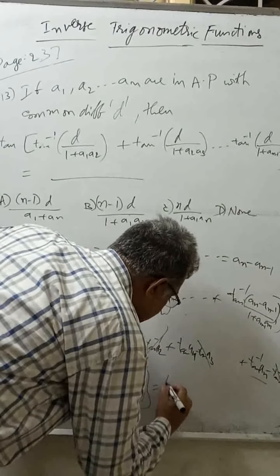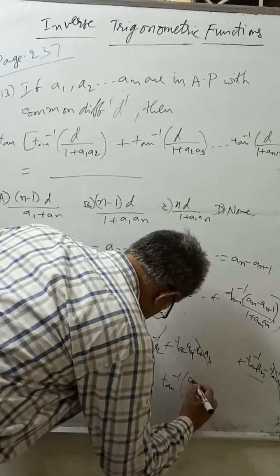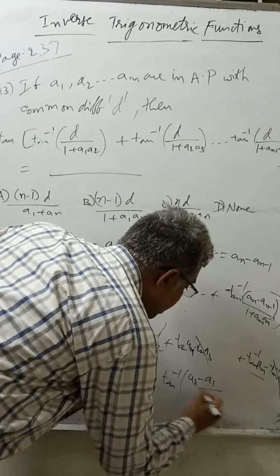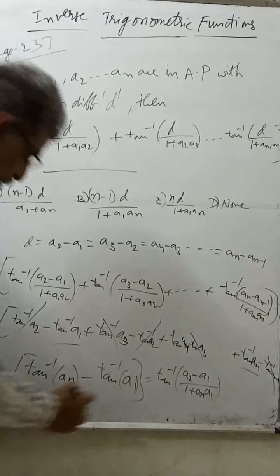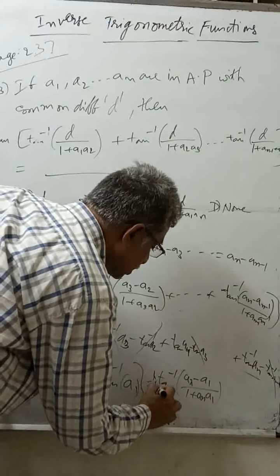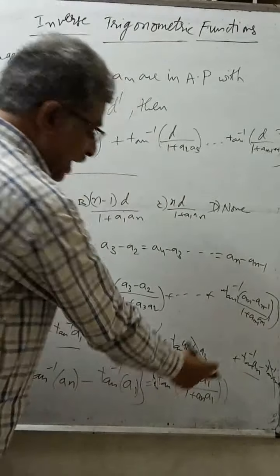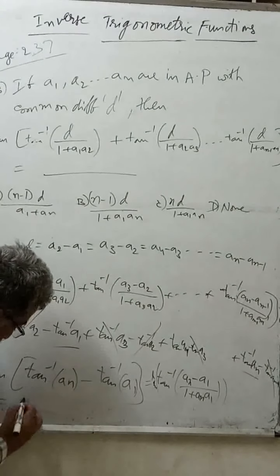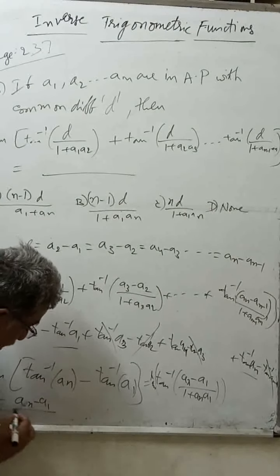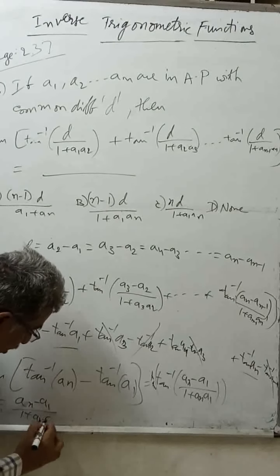So I can write like this: tan inverse of (an minus a1) by (1 plus an into a1), tan outside as it is. So again identity function, tan of tan inverse becomes (an minus a1) by (1 plus an into a1).